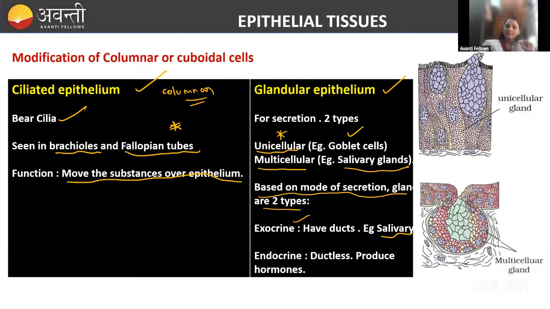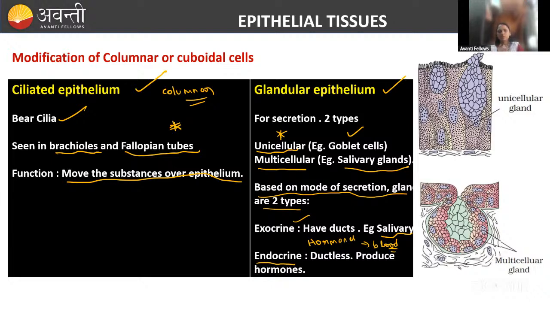Then coming to the endocrine, these do not have any duct. So they secrete the substance called hormones. They secrete the hormones into the blood. That's why these are called endocrine.